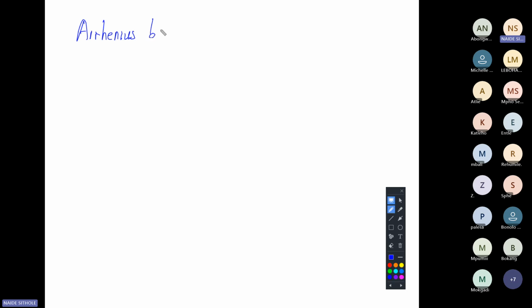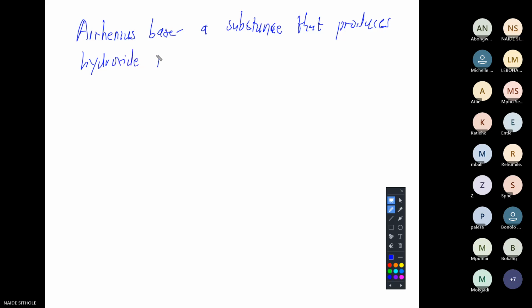So what is an Arrhenius base? This is a substance that produces hydroxide ions when reacted with water, or others will say in an aqueous solution. It's the same thing.